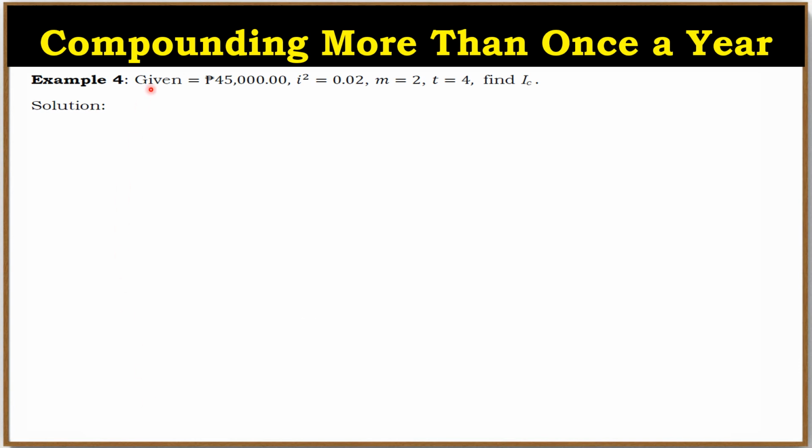Now let us have the last one. We have here the given 45,000. i raised to 2 is equal to 0.02. m is equal to 2 and our t is equal to 4. So this is semi-annual because we have here the exponent 2. But our time in years is 4.